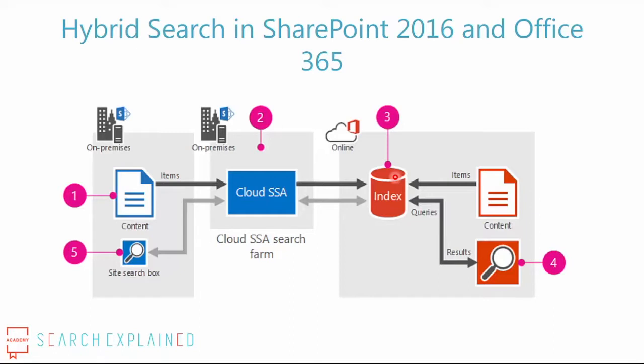So with this step, your on-prem content will be crawled and sent to get processed and stored in the cloud search index. From this point, since you have those items indexed in the cloud, you can use cloud search, you can display them in Office 365 search, and also you can have them stored in the graph. Therefore, you can get the benefits of the Office Graph, like being able to find those items in Delve.